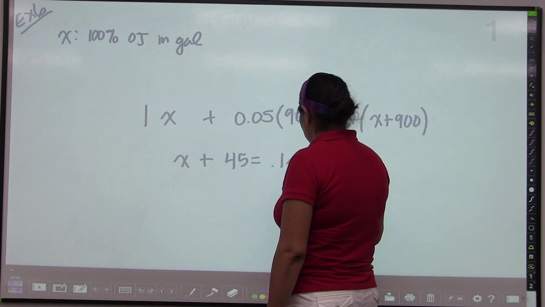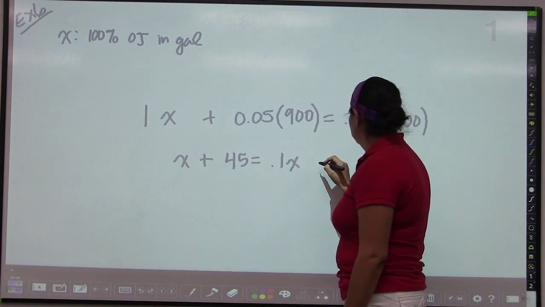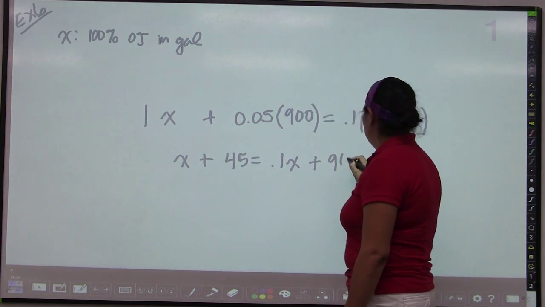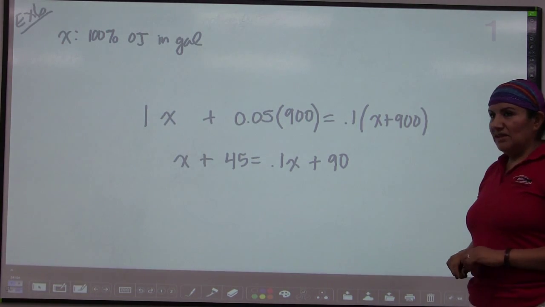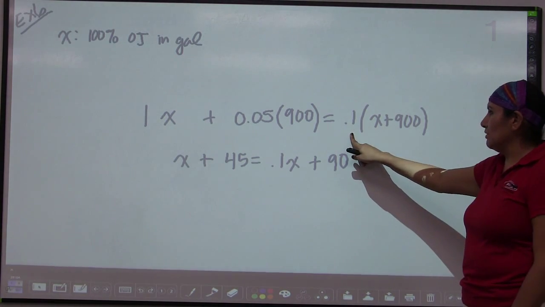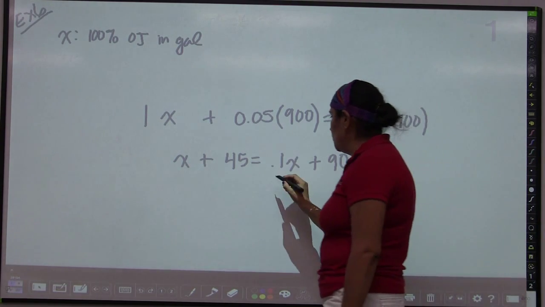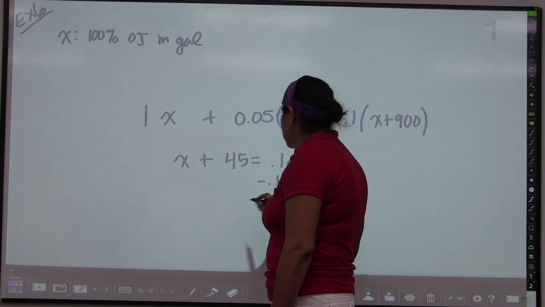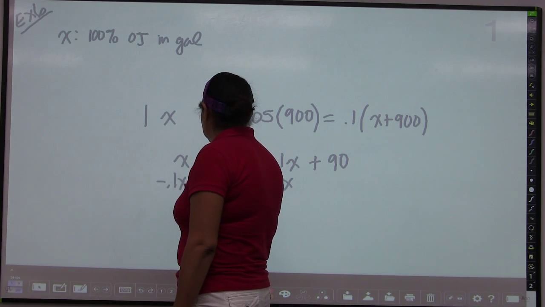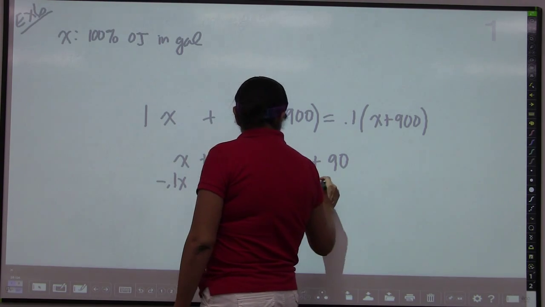Right? I believe it is 45, and then 10% of 900 is 90. Right, so we want to combine our like terms, so we're going to move 0.1x, move this 45 to the other side.